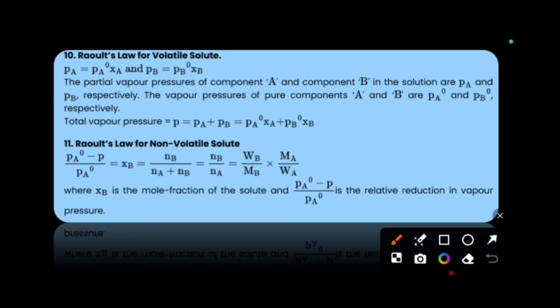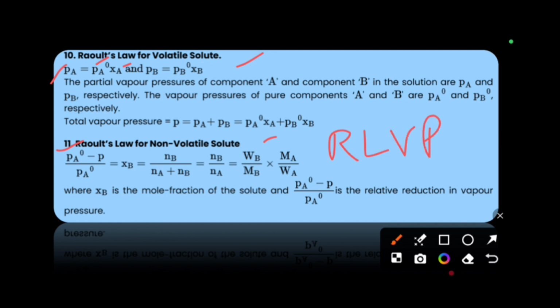Now you can see here Raoult's law for a volatile solute. The partial pressure of that component must be equal to the vapor pressure in pure state multiplied by the mole fraction. Now Raoult's law for a non-volatile solute, that we have done. It is RLVP, and in the Van 't Hoff factor also we have used it.